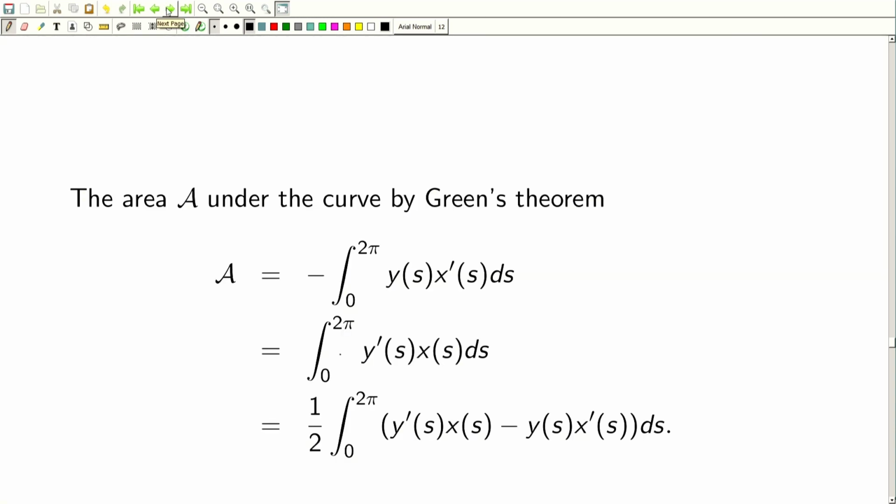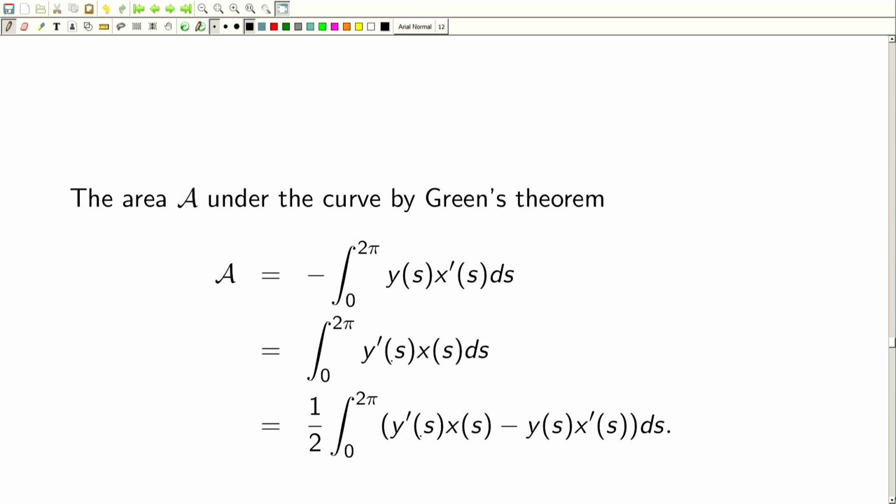And then with several variable calculus and the exact differential, we know that A is equal to minus the integral from 0 to 2 pi of y s x prime of s ds, which is equal to the integral from 0 to 2 pi of y prime s x s ds. And if we add these two, then 2A is equal to this plus this. So, A is equal to 1 half of the integral from 0 to 2 pi of y prime s x s minus y s x prime s ds.